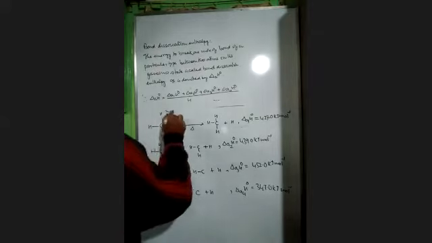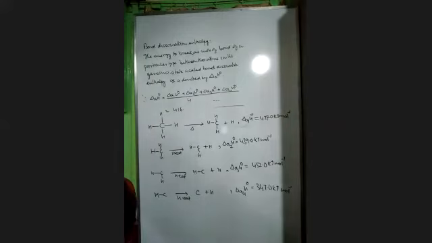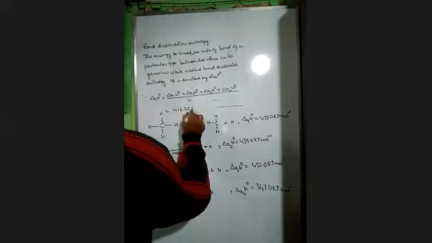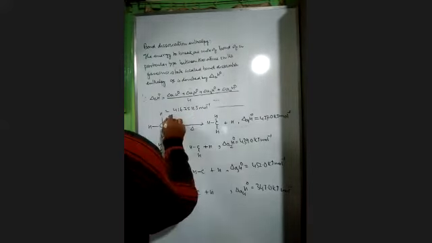So it comes to 416.25 kilojoule mole inverse. Okay, so this is called average bond dissociation enthalpy, or you call bond enthalpy.